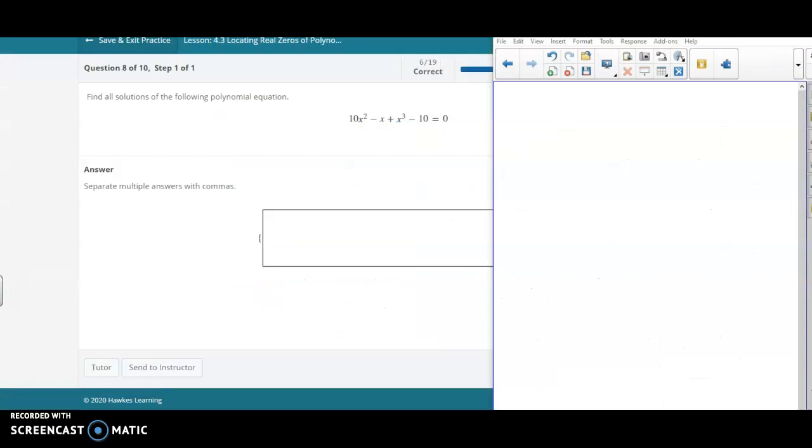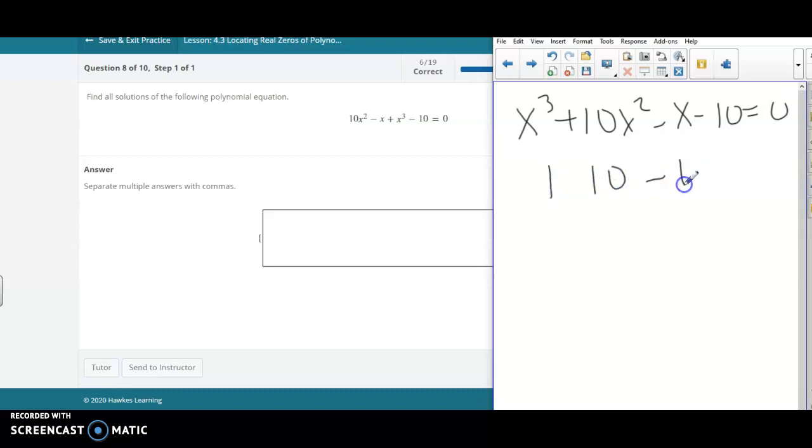Alright, the key feature to notice in this problem is that the polynomial is not written in the proper order. So you have to rewrite it in descending power order. If you do not, then you'll not get the right answer for this one. And then they ask us to find the solutions. So it's going to be 1, 10, -1, -10.